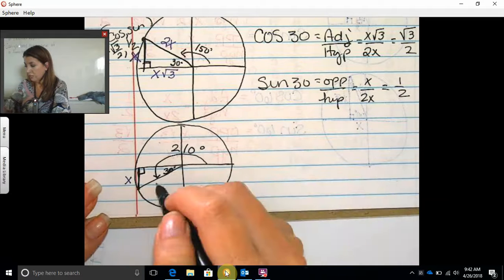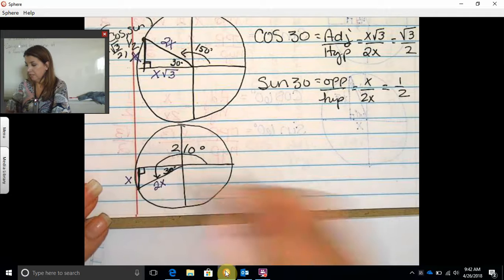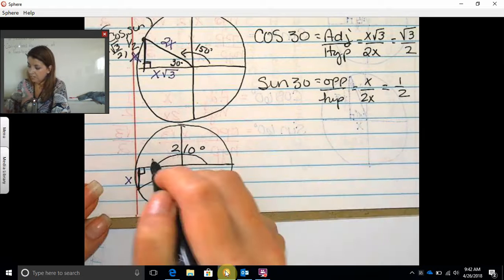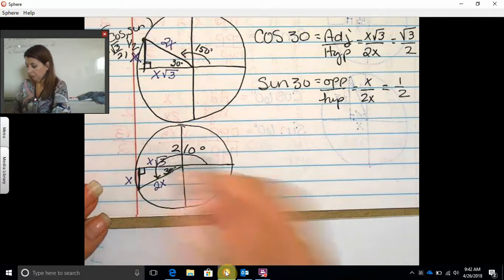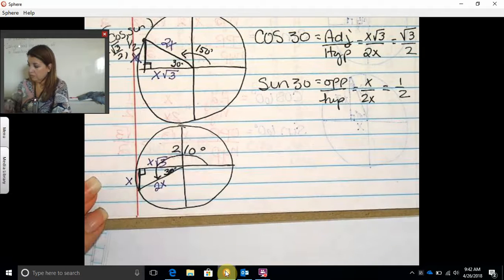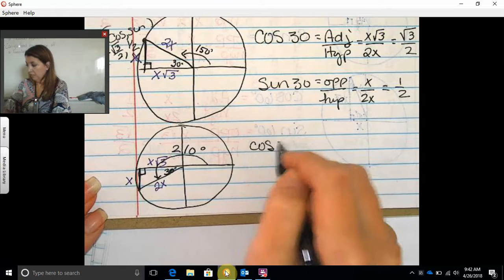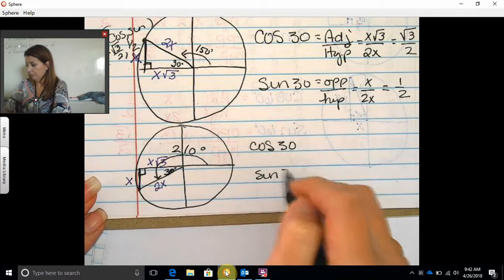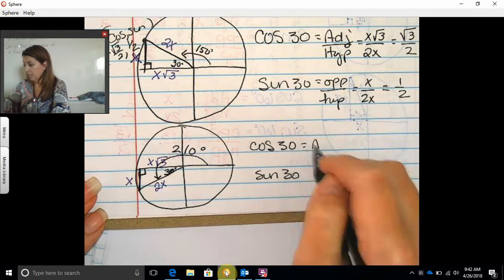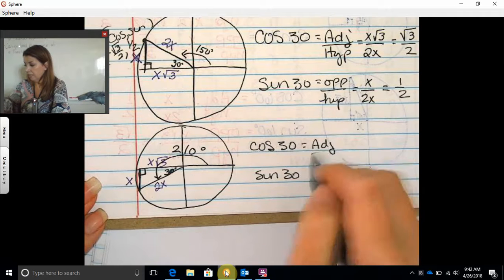The hypotenuse is twice as long as the smallest leg, and that middle length is x square root 3. So we're finding the cosine of 30 and the sine of 30. Cosine is adjacent over hypotenuse.